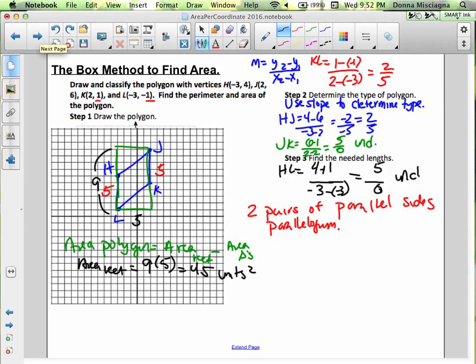Let's find the area of the triangle. I should say triangles. All right, so here, well, 1, 2, 3, 4. So we're finding the area of this triangle here.